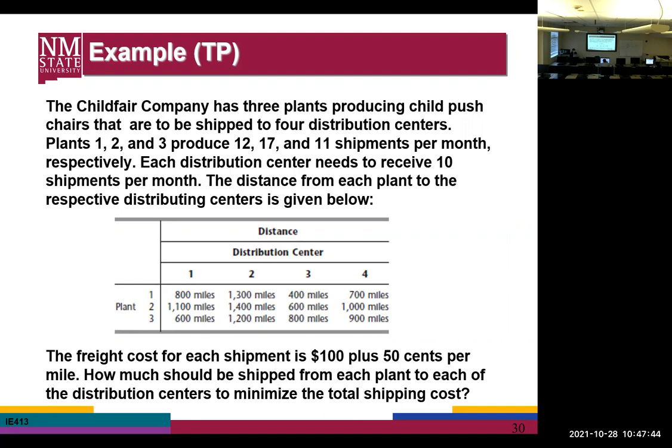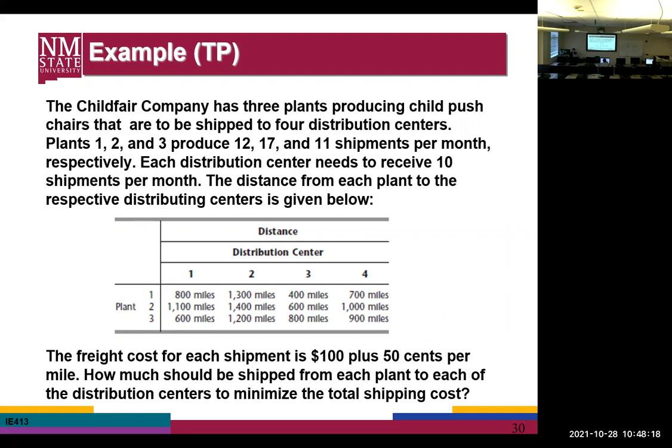The distance from each plant to the respective distribution center is given. And the freight cost for each shipment is $100 plus 50 cents per mile. How much should be shipped from each plant to each of the distribution centers to minimize the total shipping cost? So let's formulate this problem as a transportation problem.